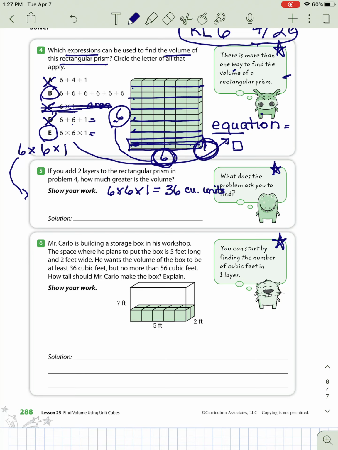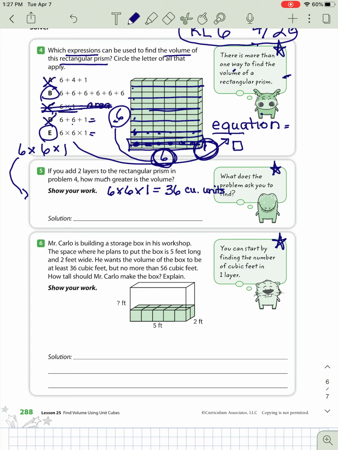That's what's up here. I could also count 1, 2, 3, 4, 5, 6, 7, 8, 9, 10, 11, 12, and 18, 24. So I can count if I wanted to do the counting, but it's easier for me to multiply. So I'm going to stick with that.